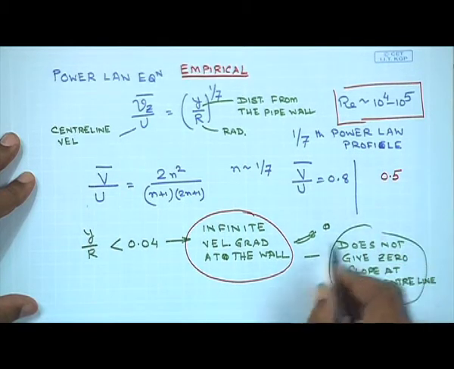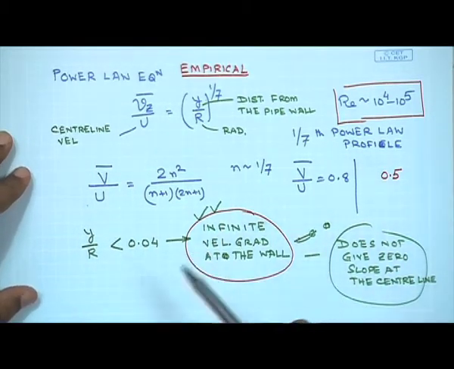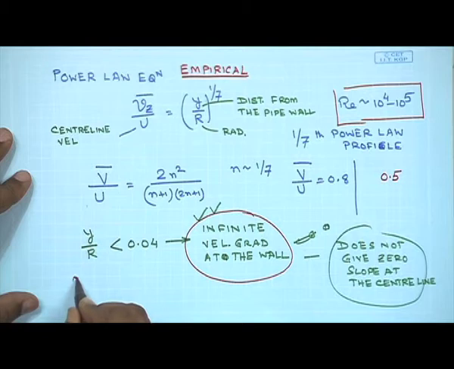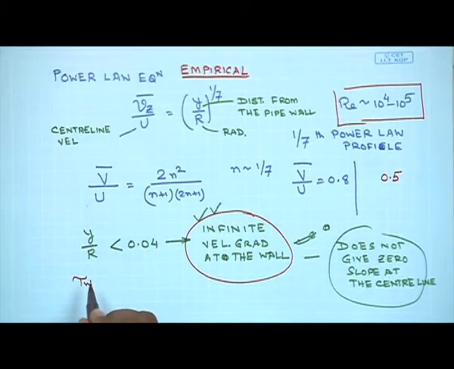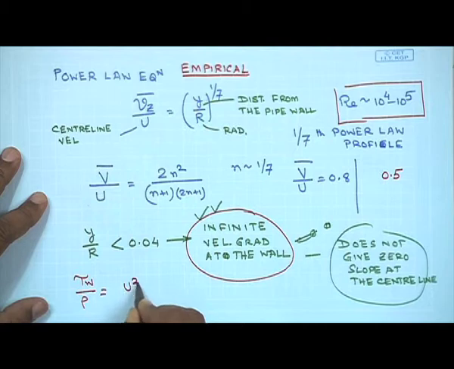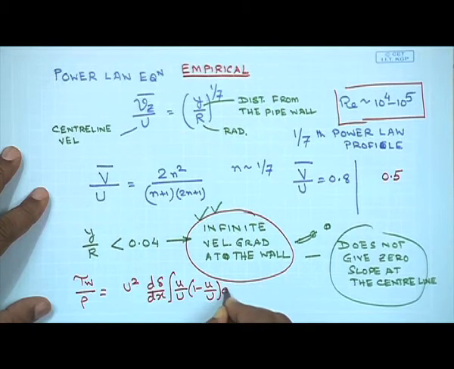Of these two, the wall problem is going to create the maximum trouble if we try to use this expression for the momentum integral equation, because the momentum integral equation, if you recollect, is simply tau w by rho is equal to u square d delta dx, and then over here the integration of u by u 1 minus u by u 1 times d eta.